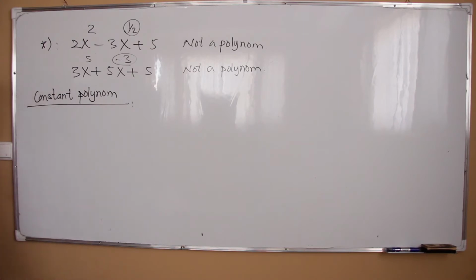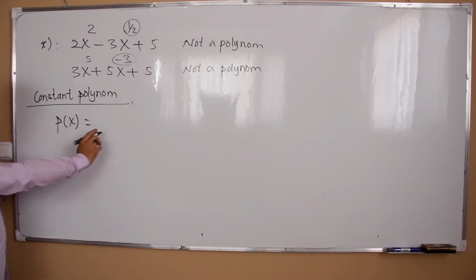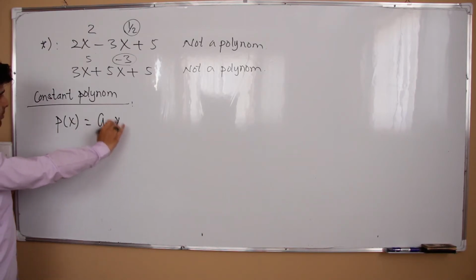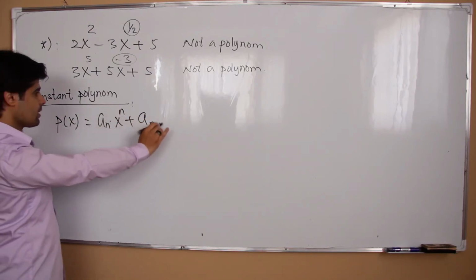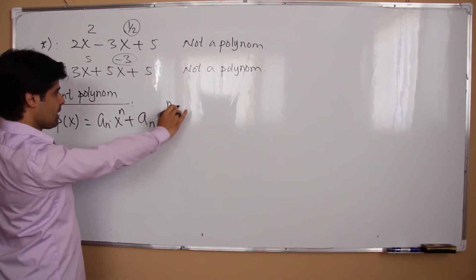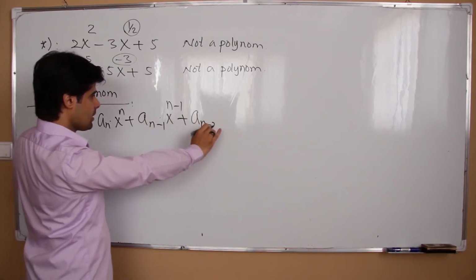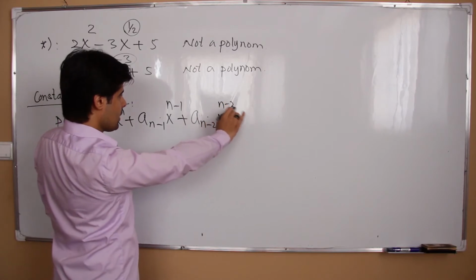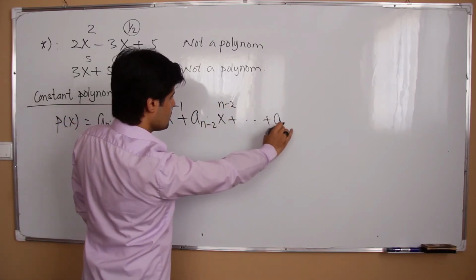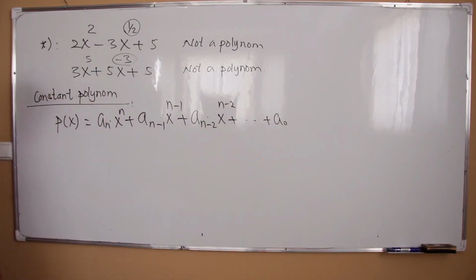Whenever you're talking about a constant polynomial, it is a type of polynomial. First, I have to define a polynomial: an x to the power n plus an minus 1 x to the power n minus 1 plus an minus 2 x to the power n minus 2, up to a0. Now, what is a constant polynomial?